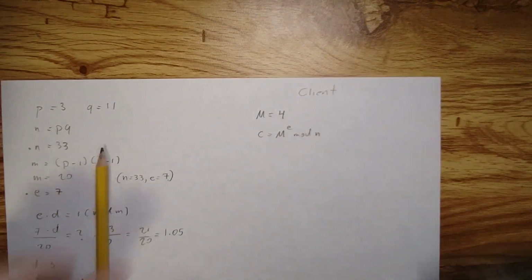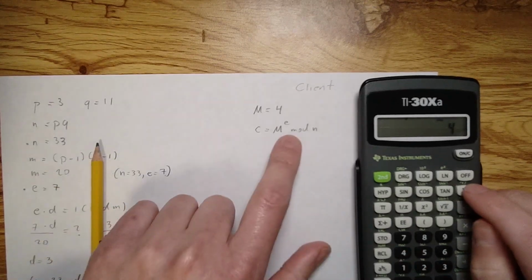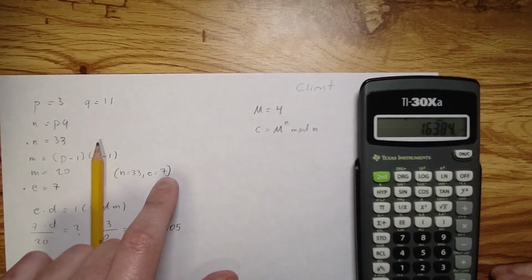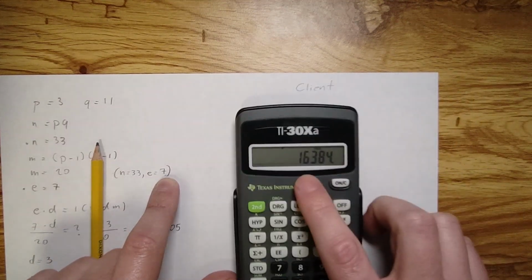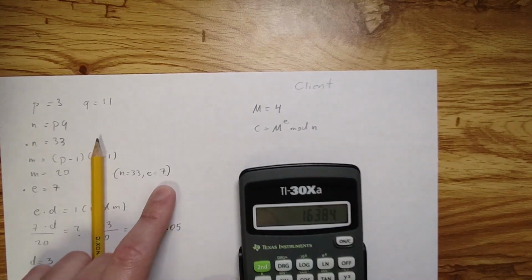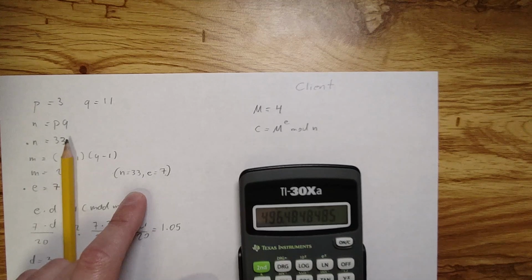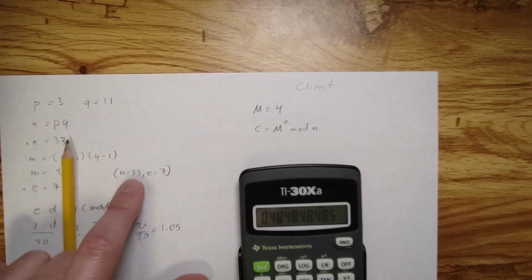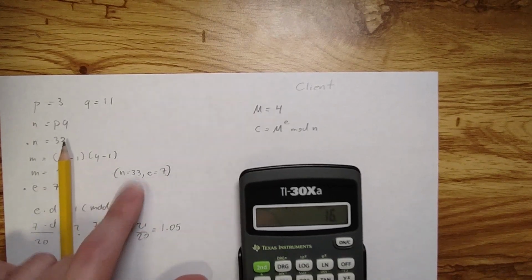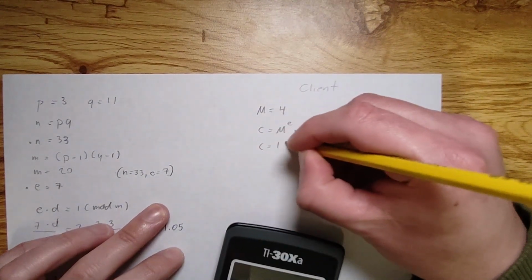So we have 4 to the power of E, which is 7. This is the number. Modulo N. So you divide this by 33, subtract the product for 496, and multiply it by 33, 16. So your ciphertext at this point is 16.